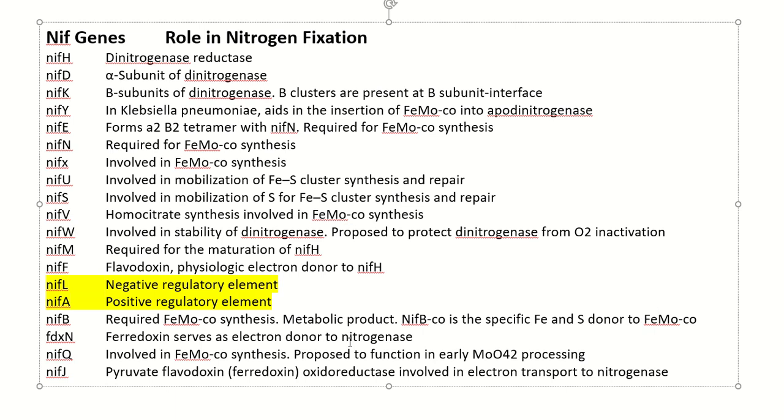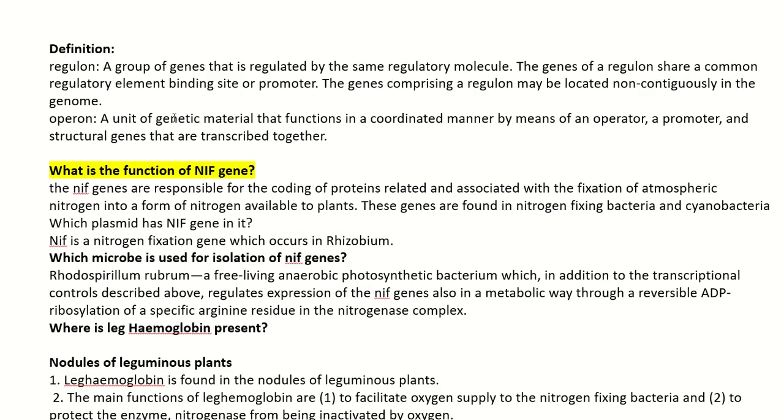Now NifQ is proposed to function in Mo, then molybdenum processing. Okay. Pyruvate flavodoxin oxidoreductase, which is involved in electron transport to nitrogenase, that is NifJ. This is all about the role of nitrogen fixation and Nif genes.